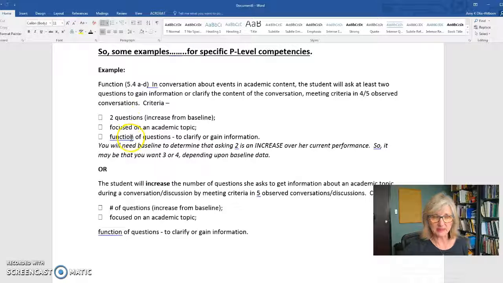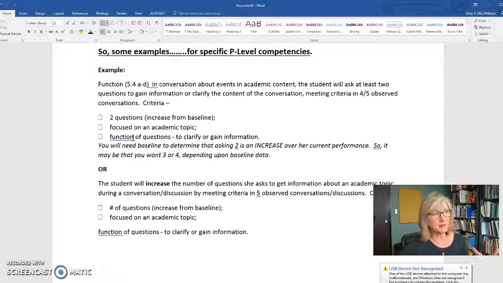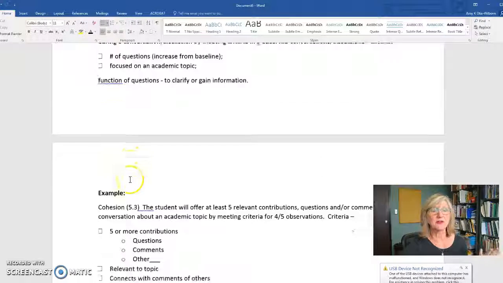These are the criteria that I can use to help me measure the goal, and it can help me in observations determine if the child is meeting it or not meeting it. It also helps me perhaps have some benchmarks to start working on. So I might arrange or plan my instruction around some of the benchmarks.